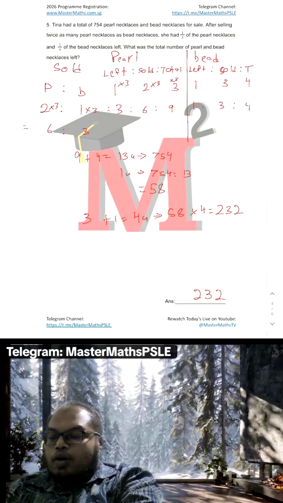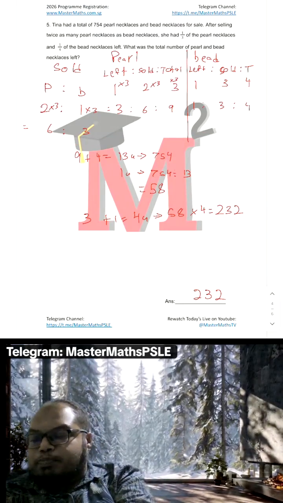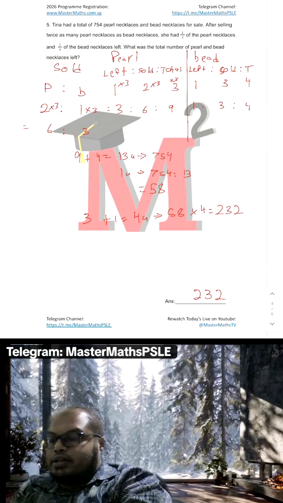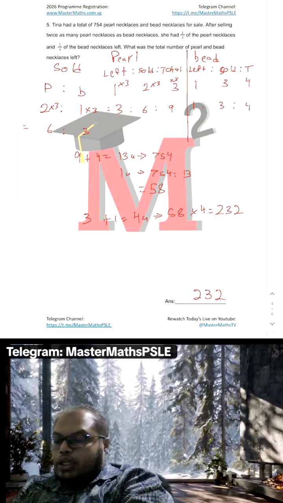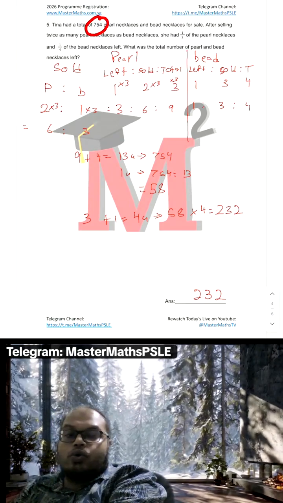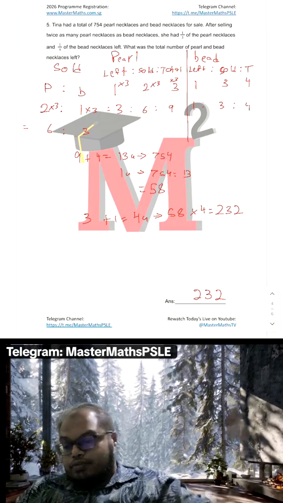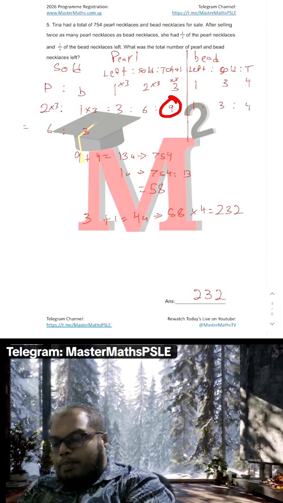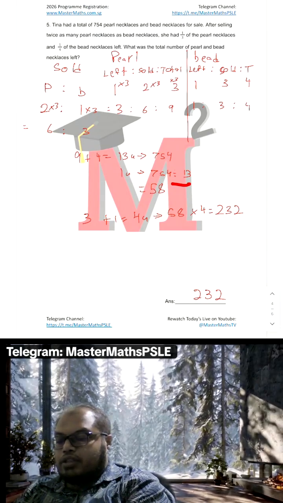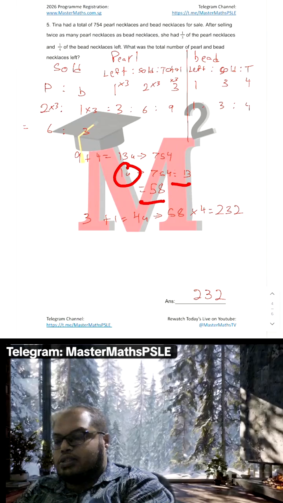So they're asking for what was the total number of pearl and beads necklaces left. I firstly find the total, because total units is 754. Total units equals to 754. So 9 plus 4, 13. 754 divide by 13, I got 58. So 1 unit is 58.